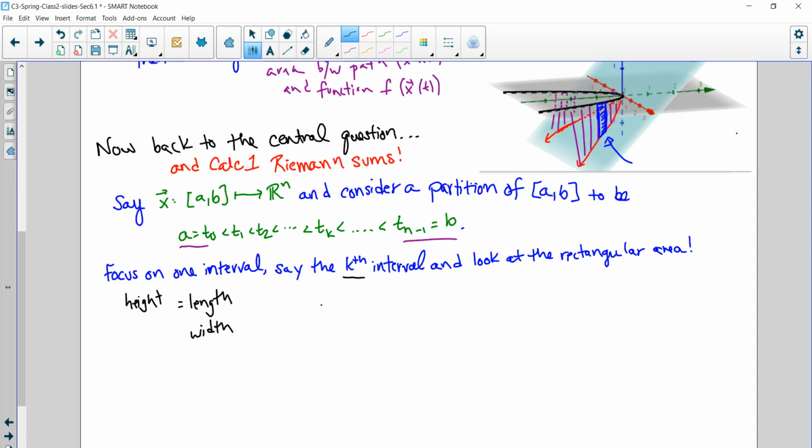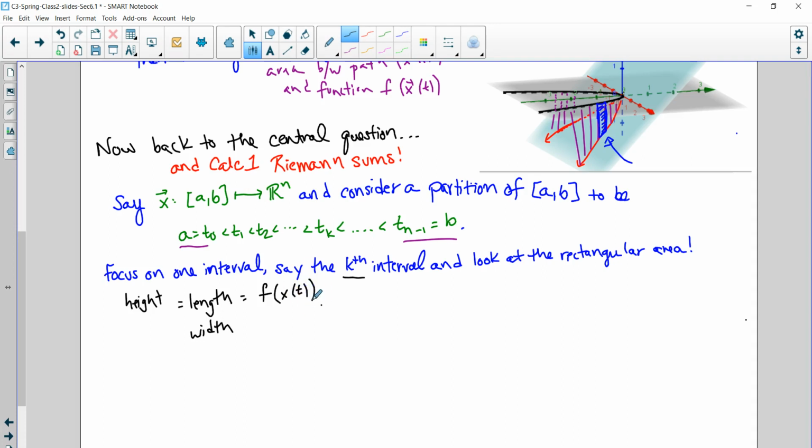According to my drawing, the height of this rectangle, if we think of that path as being in the z equals 0 domain, is just going to be f, and I need to stay consistent with my notation, little f of x of t.